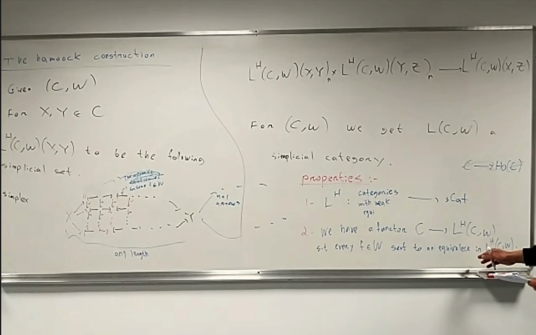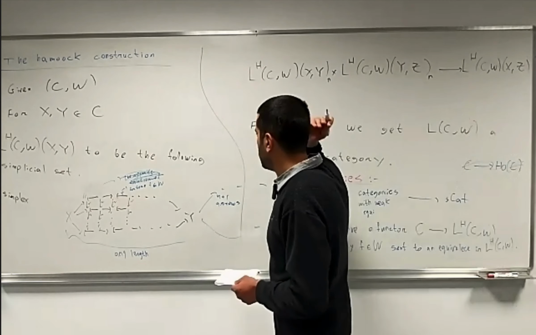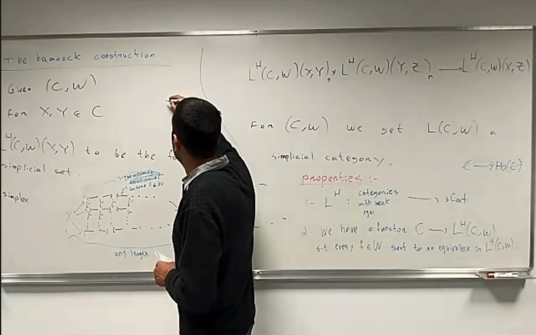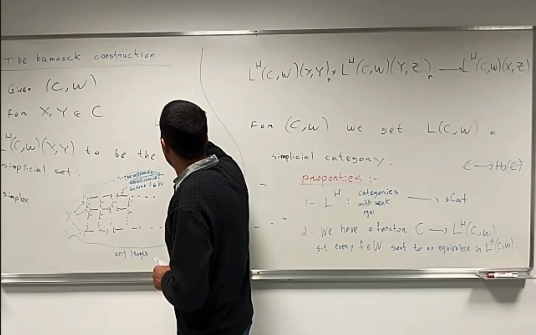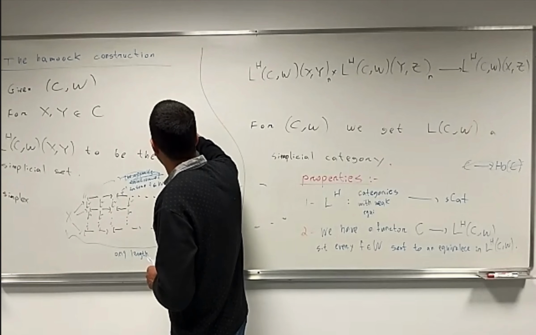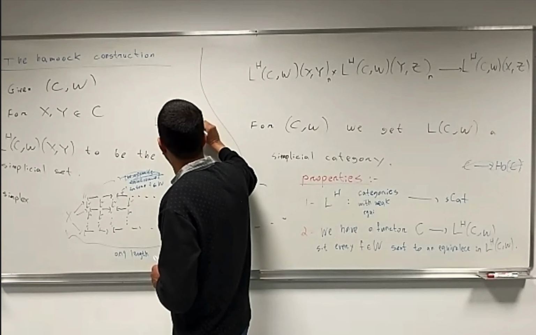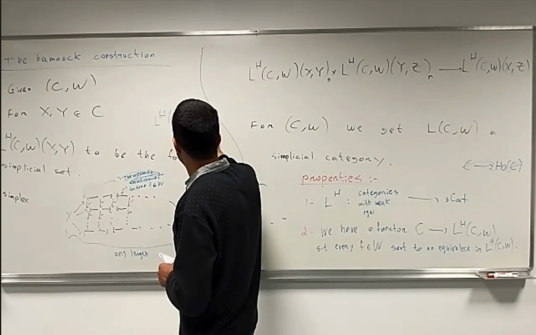We know what an equivalence is, in the old sense, like what we know about topological spaces. Here, by equivalence we mean that f from X to Y will be in the zero level of this.